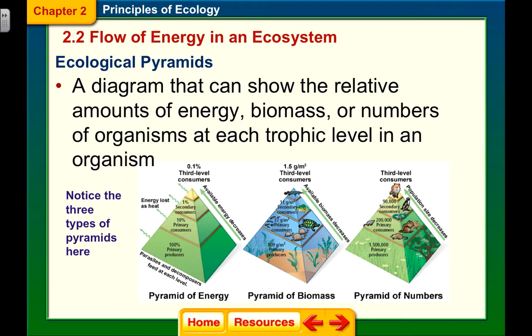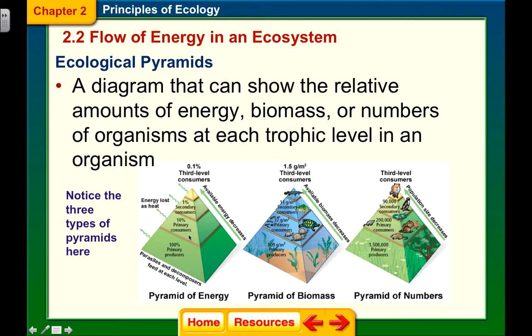Pyramids are diagrams that can show the relative amounts of energy. You see there's three different types of pyramids that they show here: pyramids of energy, pyramids of biomass, and pyramids of just plain numbers in the population. And so you've got your plants are always on the bottom. Notice here they've got the percentage of energy that's coming in, and 90% of it gets lost as you go to the next level.